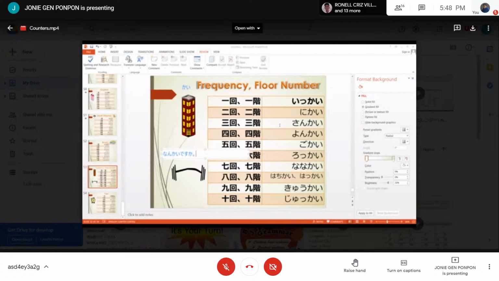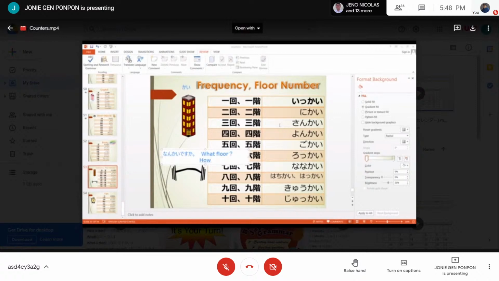You can also use nankai desu ka for asking what floor. And you can also use nankai desu ka for asking how many floors.